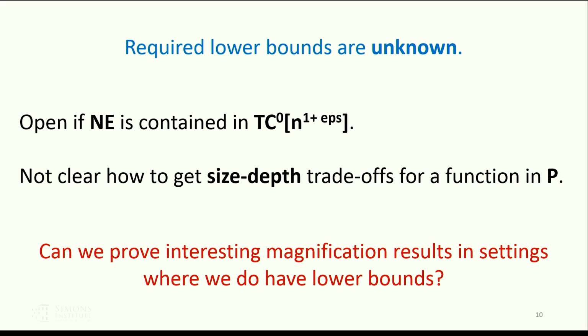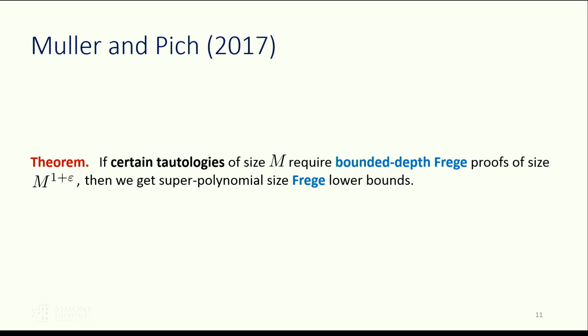So an interesting question here is, can we prove such magnification theorems in settings where we do have lower bounds? Very interestingly, a result along these lines was established last year in the setting of proof complexity. Here is a theorem by Moritz Müller and Ján Pich.